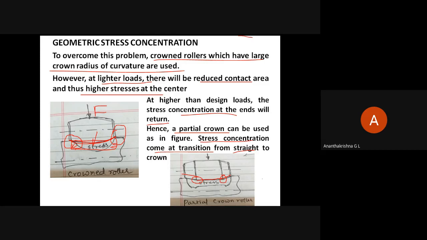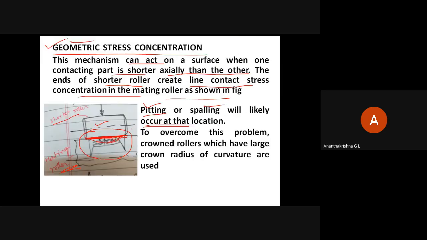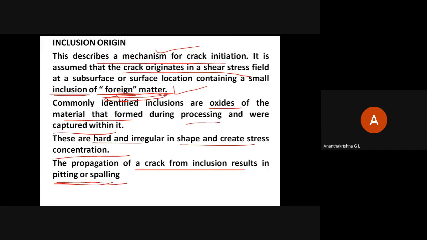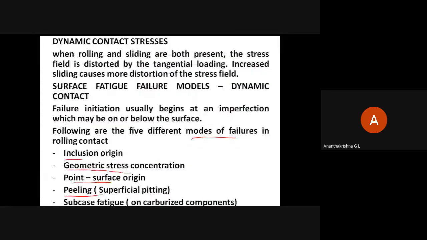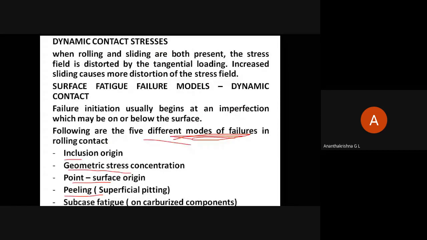Basically what we are trying to understand is that the geometry of the components will induce stress concentration, which leads to failure modes. So one of the modes of failure is geometric stress concentration.